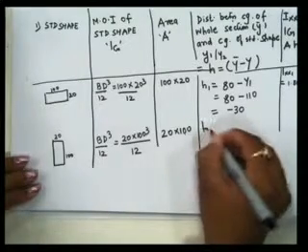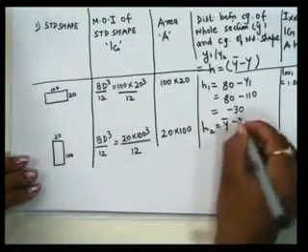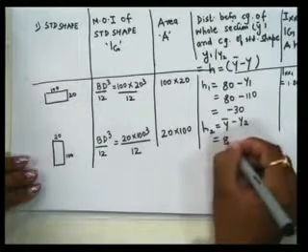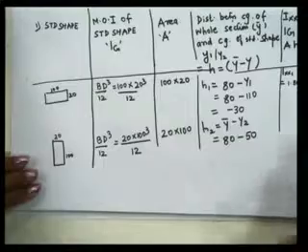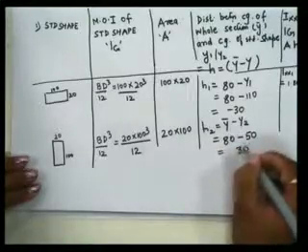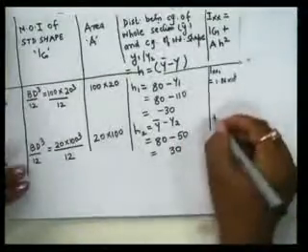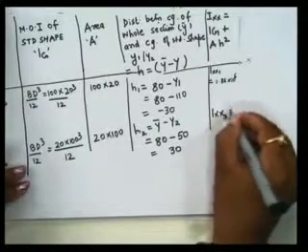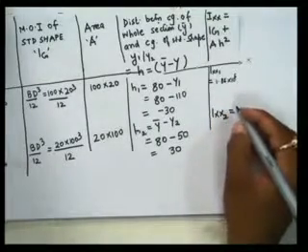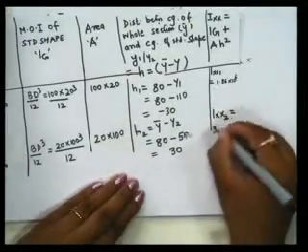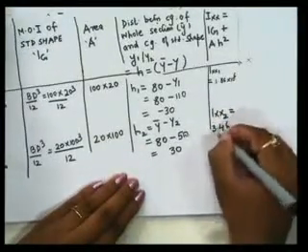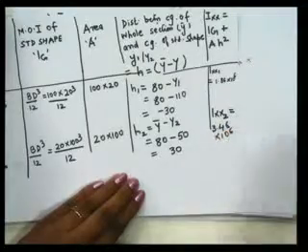H2 is equal to y bar minus y2. Y bar is 80, y2 is 50, we have calculated. So that is again equal to 30. So you get Ixx2 equal to 3.46 into 10 to the power 6.